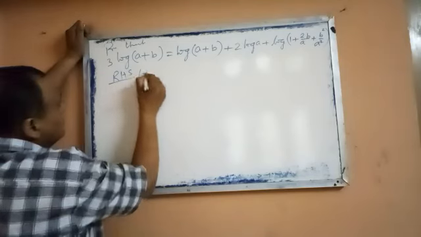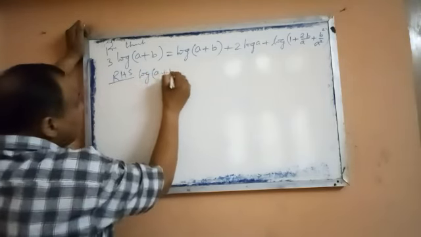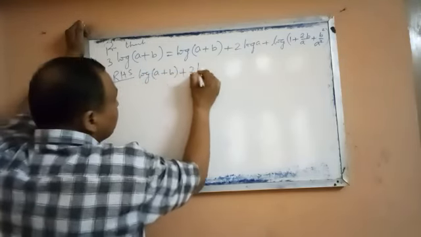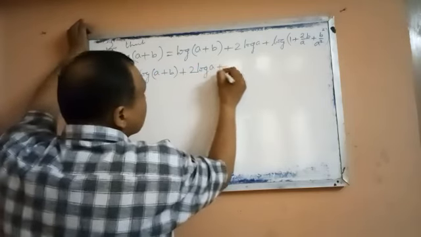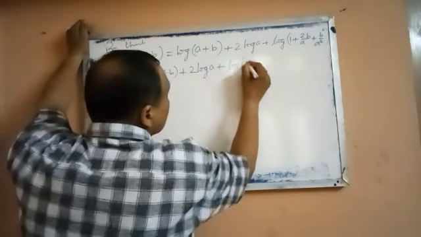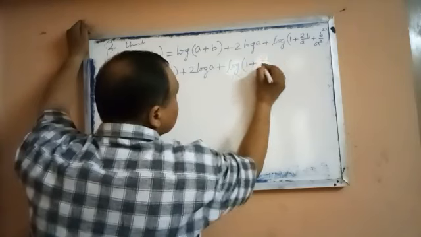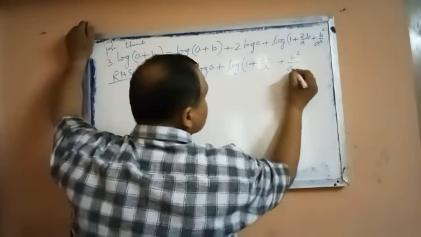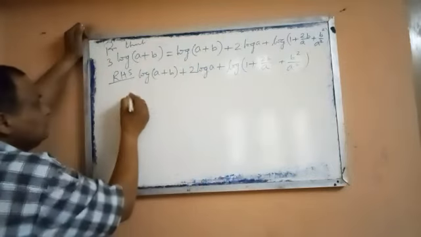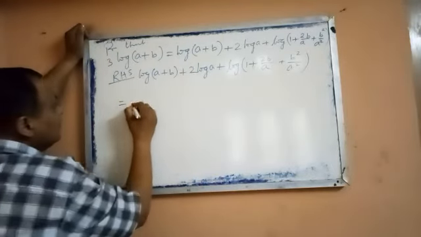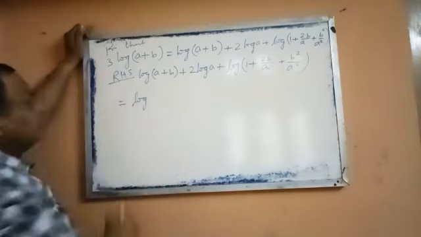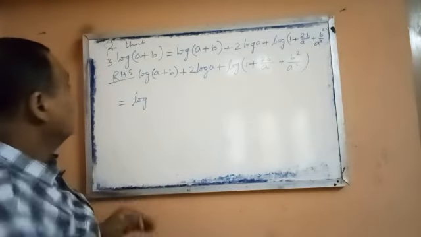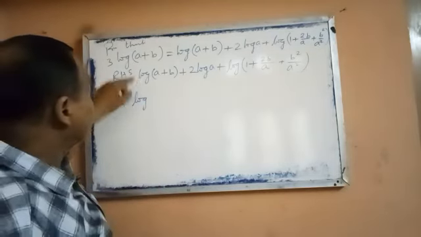So log (a plus b) plus 2 log a plus log (1 plus 2b by a plus b square by a square). Now the same way what we did in the previous way, first we will check if any multiple is there, we will take it as a power.